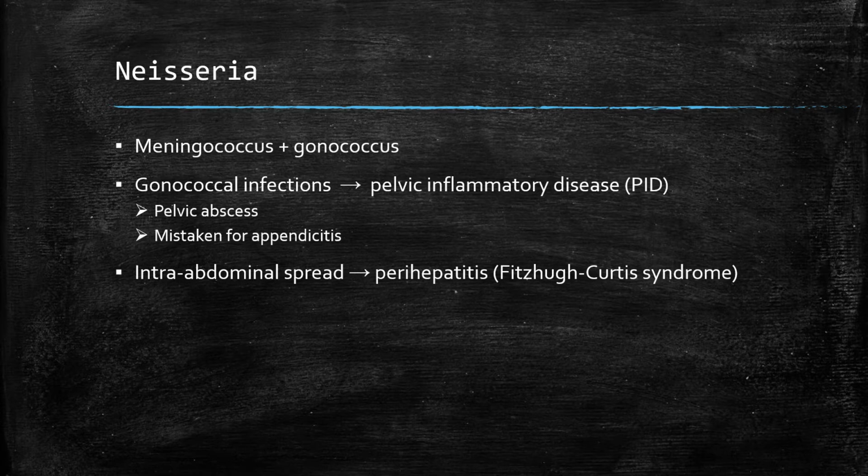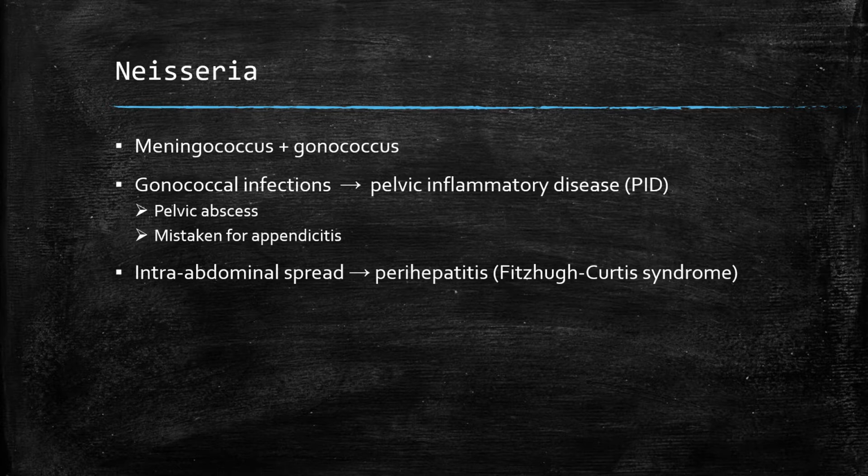Neisseria consists of 2 pathogenic species, meningococcus and gonococcus. Gonococcal infection is a sexually transmitted disease that, when it spreads beyond the cervix into the fallopian tubes, is known as pelvic inflammatory disease, or PID. PID can be responsible for pelvic abscesses and is occasionally mistaken for appendicitis.